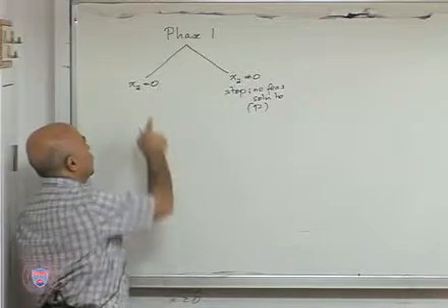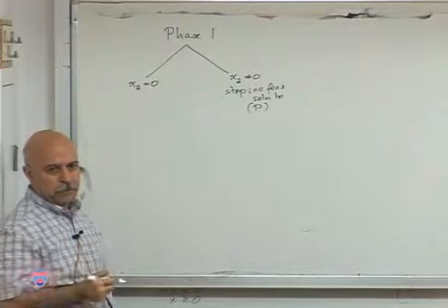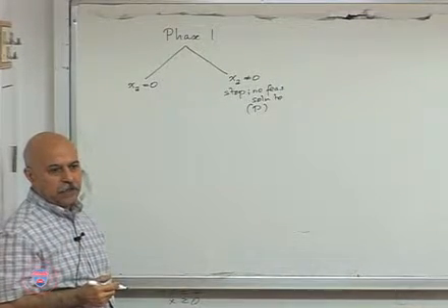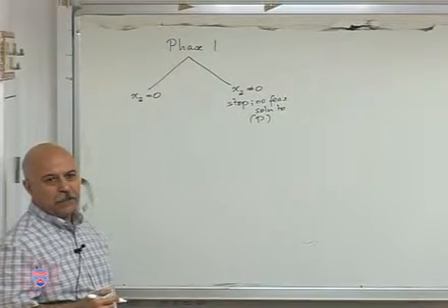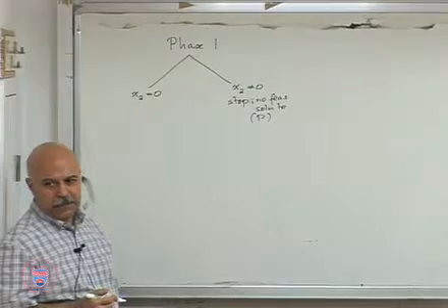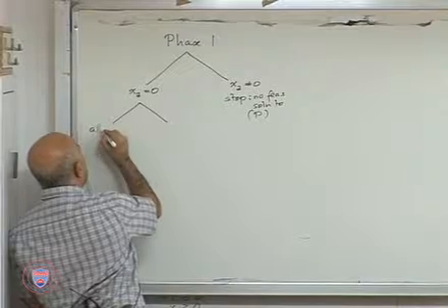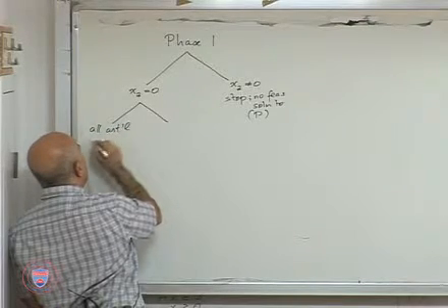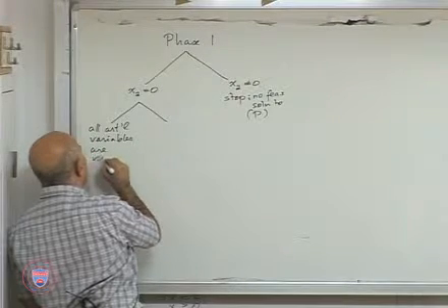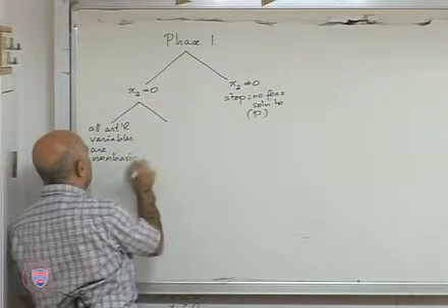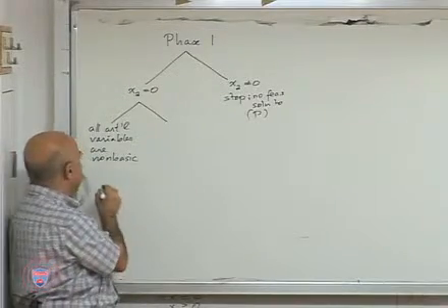Now, when phase 1 terminates with xa equal to 0, there are two possibilities. Either all artificial variables are non-basic, which is the good case, or some of the artificial variables are 0, but they are still basic. Okay? So, this is the case that has occurred in the example problem.